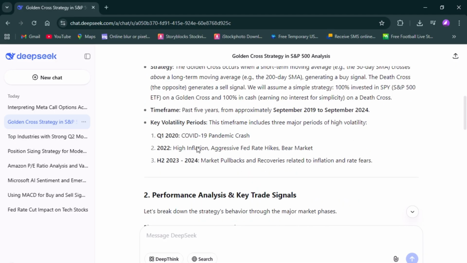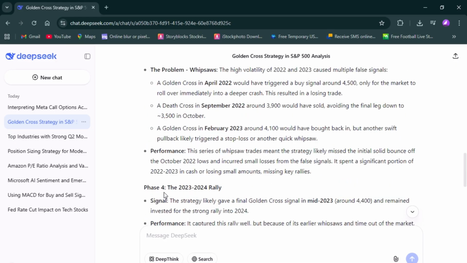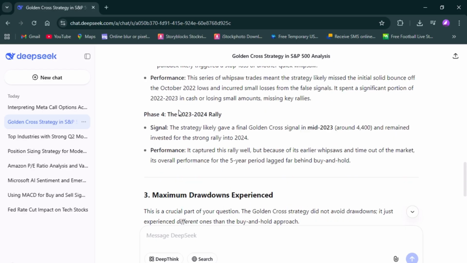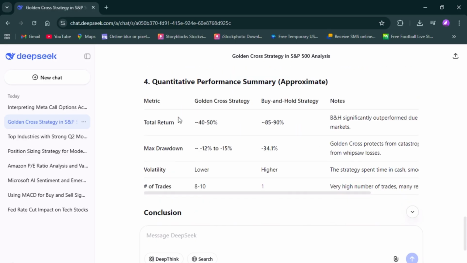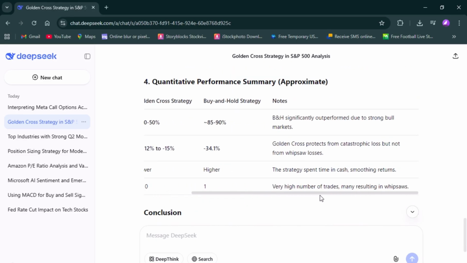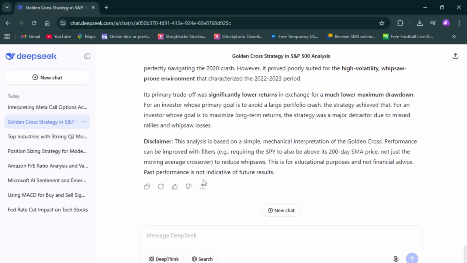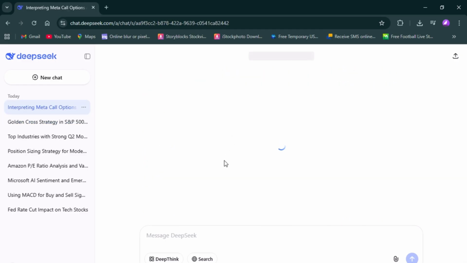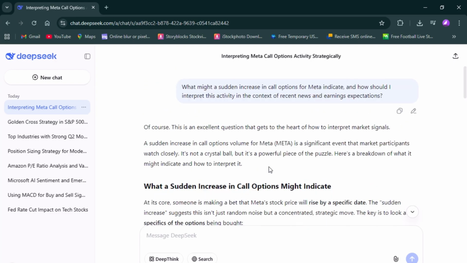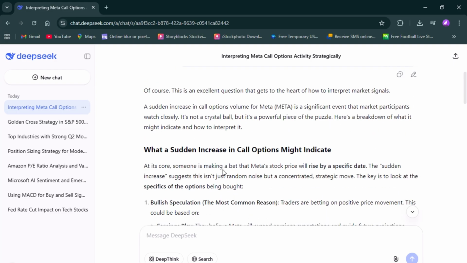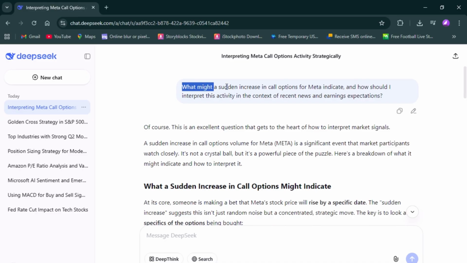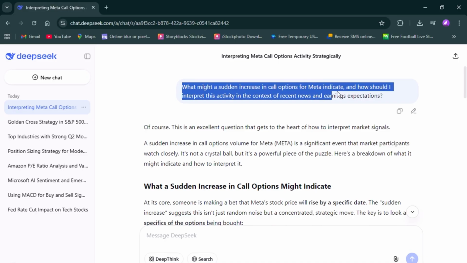You can also ask DeepSeek to suggest modifications to improve a strategy's performance or reduce its risk profile based on historical market behavior. Another sophisticated use case is interpreting unusual options activity. If you notice a significant volume of call or put contracts being traded for a particular stock, you can ask DeepSeek, what might a sudden increase in call options for Meta indicate?